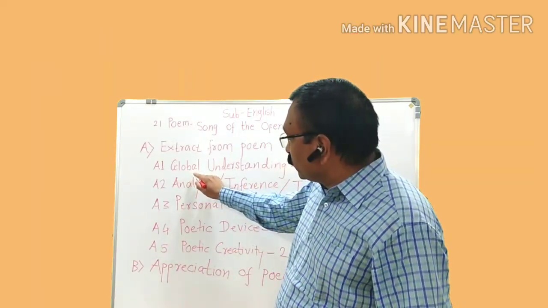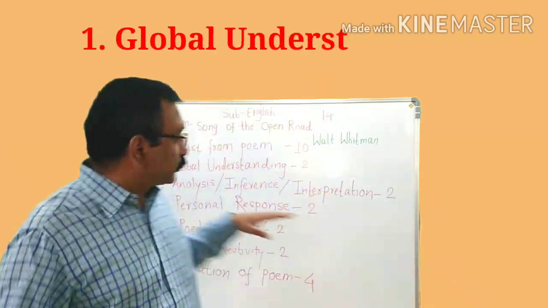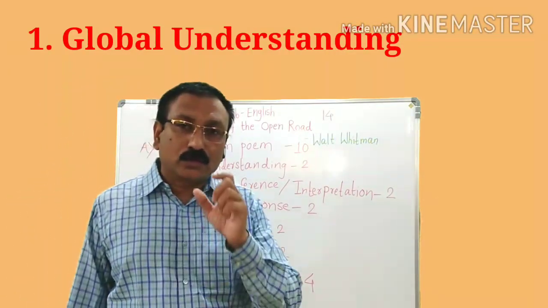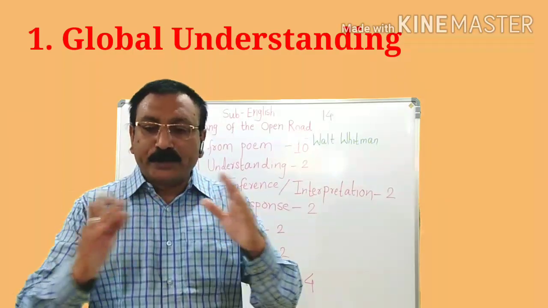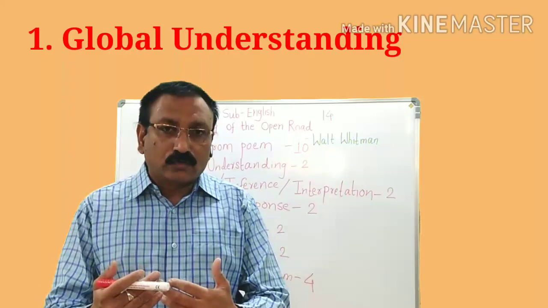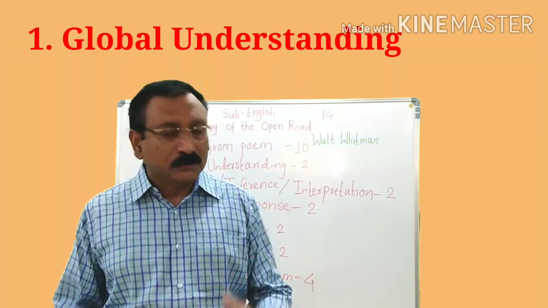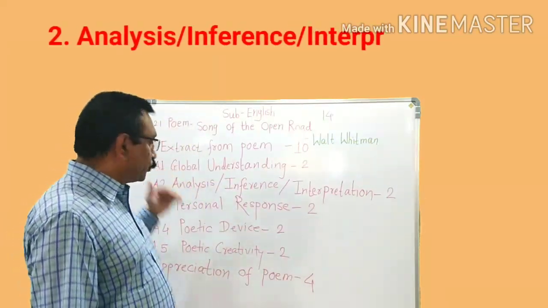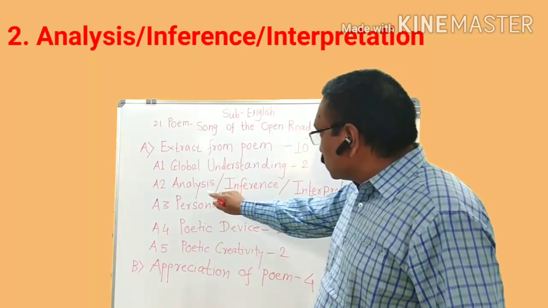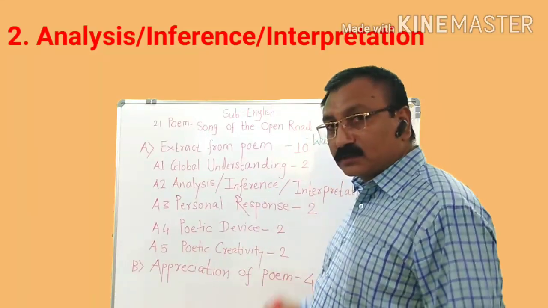The first activity is global understanding, where you may have an activity like complete the web, or find out the statements which describe the theme of the poem. Let us come to the second activity, which is analysis, inference, interpretation.